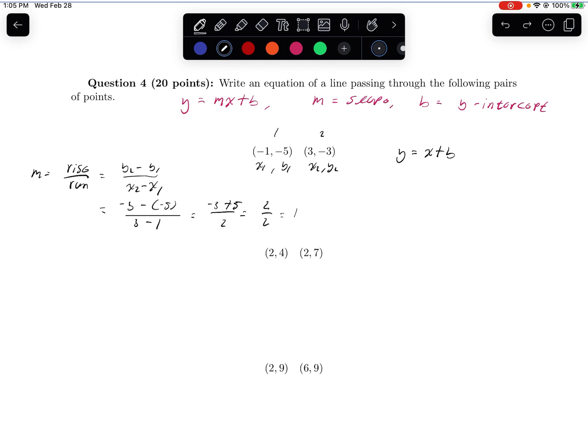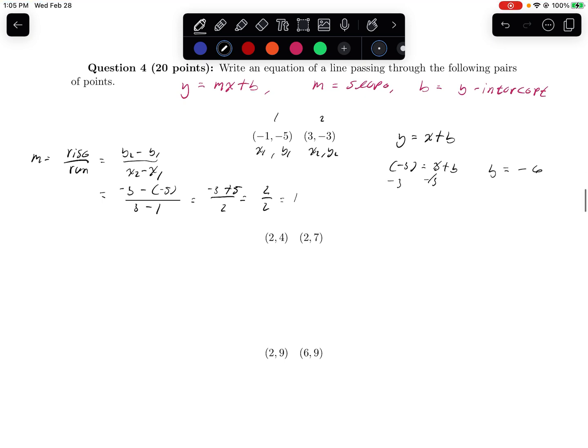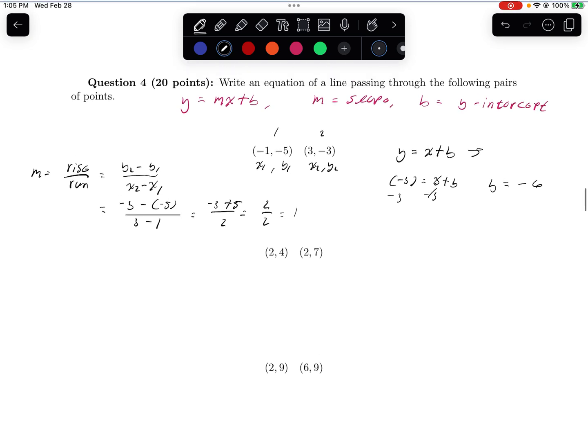That gives us -3 = 3 + b. Taking 3 away from both sides, we get b = -6. So the full equation for our line is y = x - 6.